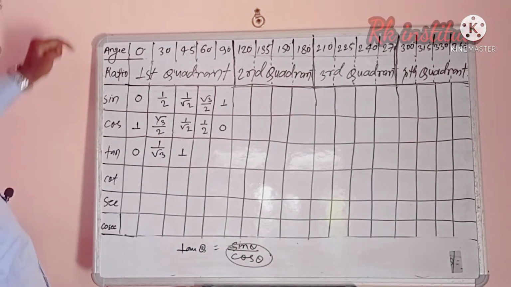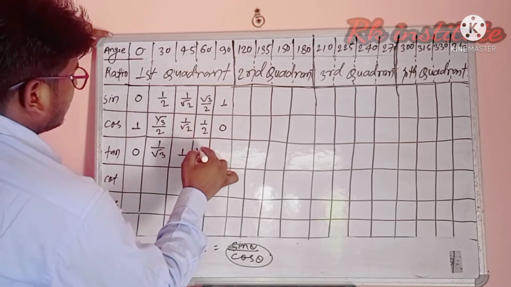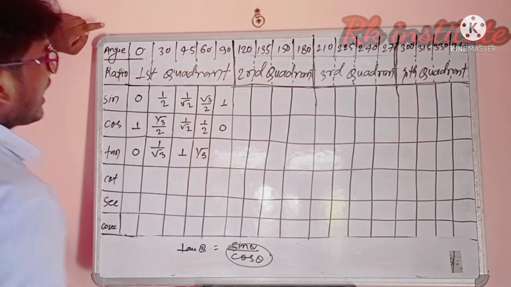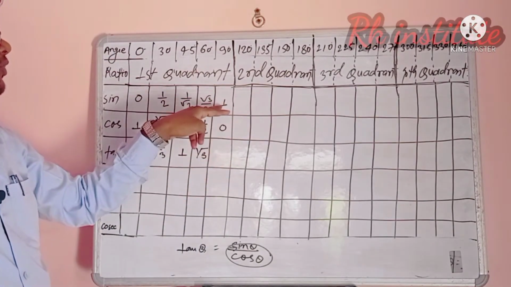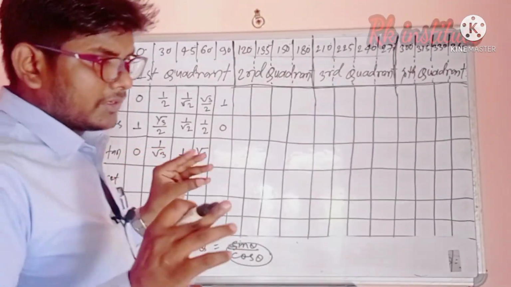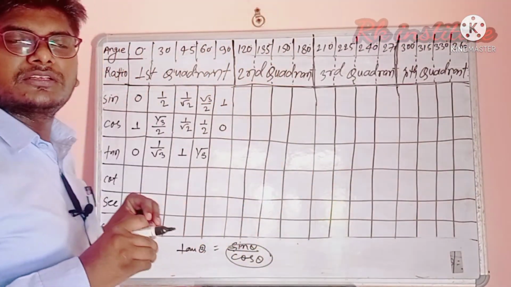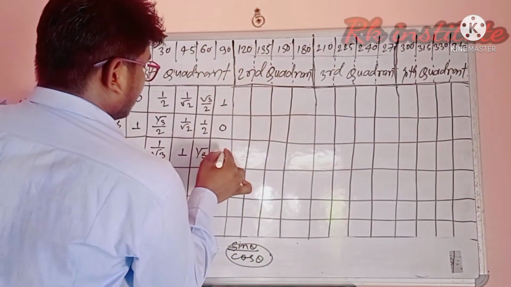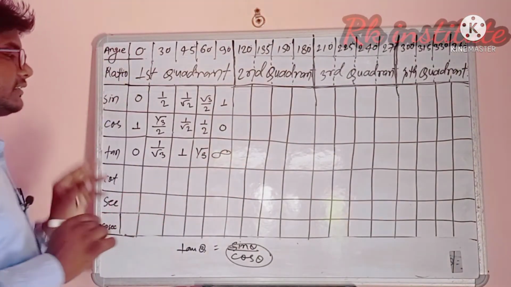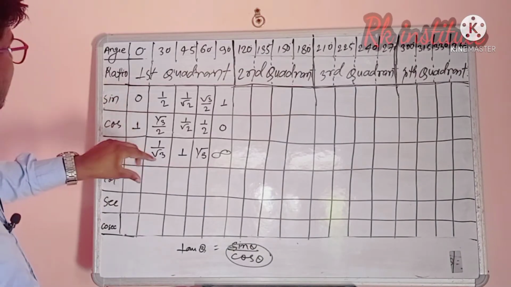After that, root 3 by 2 divided by 1 by 2, the 2s cancel, leaving root 3. And 1 divided by 0: if you divide any number by 0, the result becomes infinite.